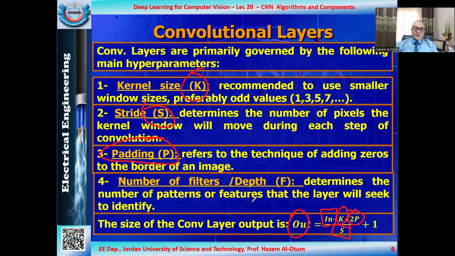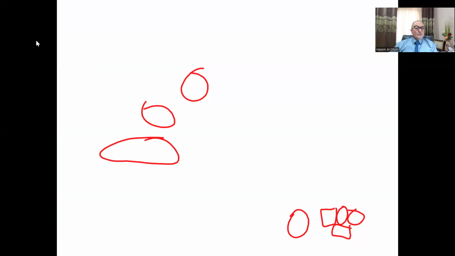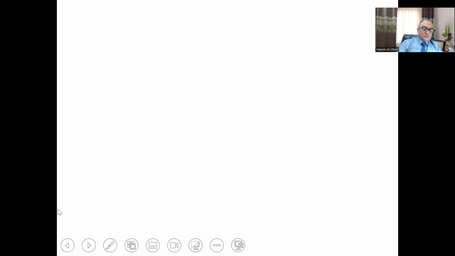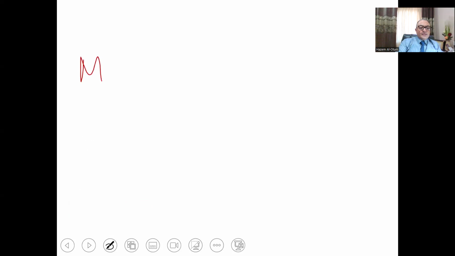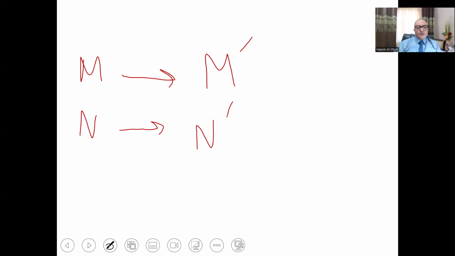So if you have the size of the input, the input size is m, and you want to find the output size m dash, and the input size is n, you want to find the output size n dash.